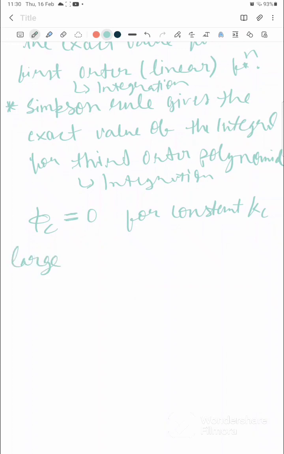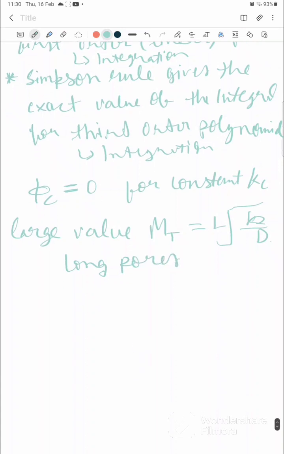Let us discuss a large value of the Thiele modulus. What does this imply? This is a rate constant, this is a diffusion constant. Long pores, its value is high.